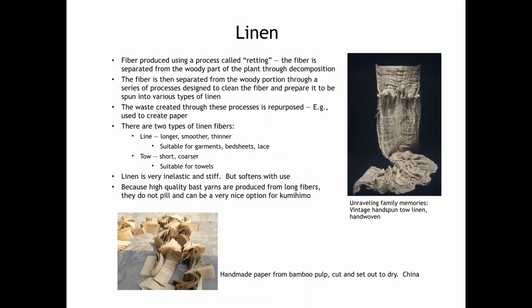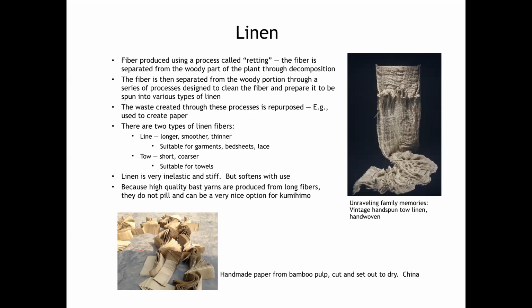Linen. That's probably one of the most common plant-based fibers that is readily available around the world. The fiber is produced using a process called retting. The fiber needs to be separated from the woody part of the plant, and that's done through decomposition.